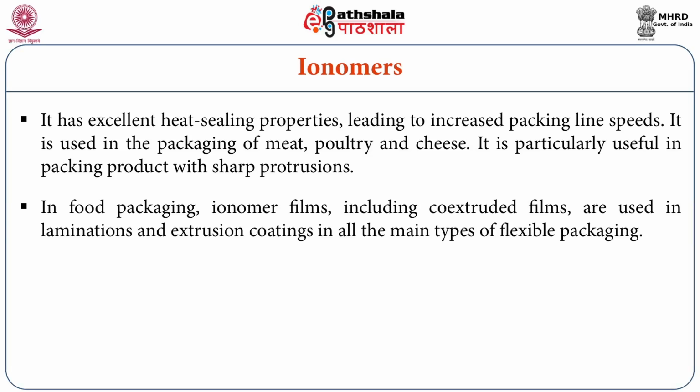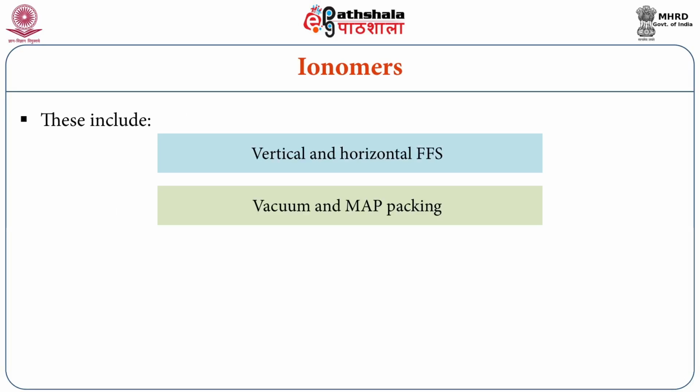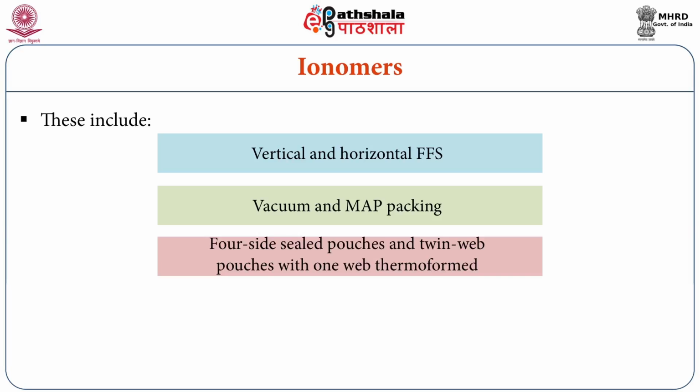In food packaging, ionomer films are used in laminations and extrusion coatings in all the main types of flexible packaging, including vertical and horizontal form fill seal machines, vacuum packaging, modified atmospheric packaging, 4-side sealed pouches and twin web pouches with one web thermoformed.